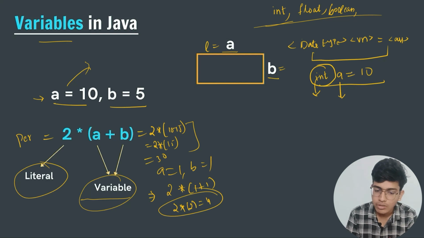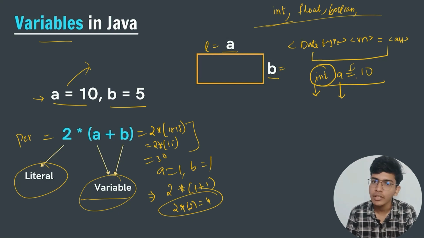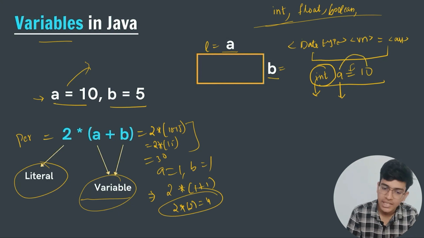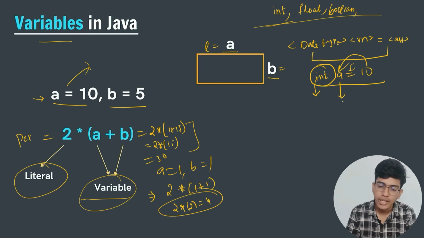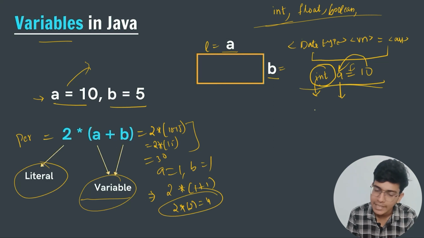After that, the equals sign is known as the assignment operator. By using this, I can assign values to my variables, and here I am assigning the value 10 to my variable. Suppose after some time I want to change the value of a particular variable; here initially I have assigned a equals 10.